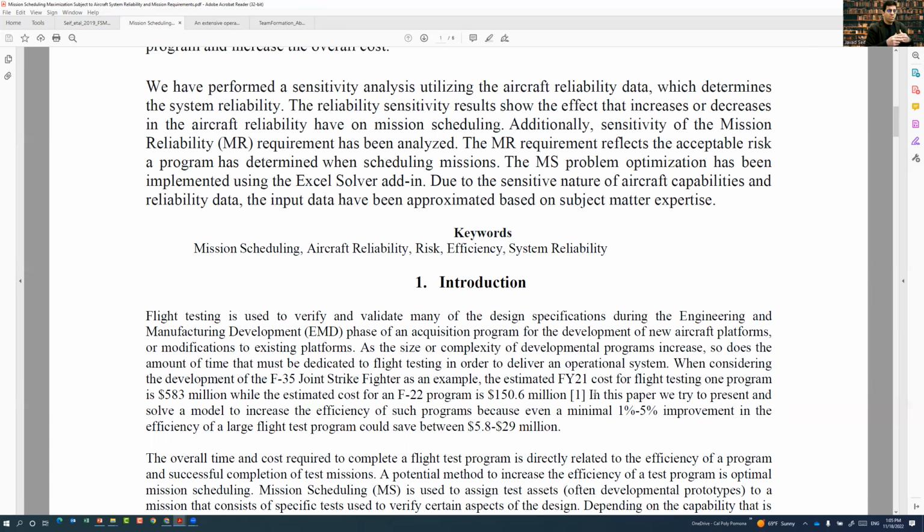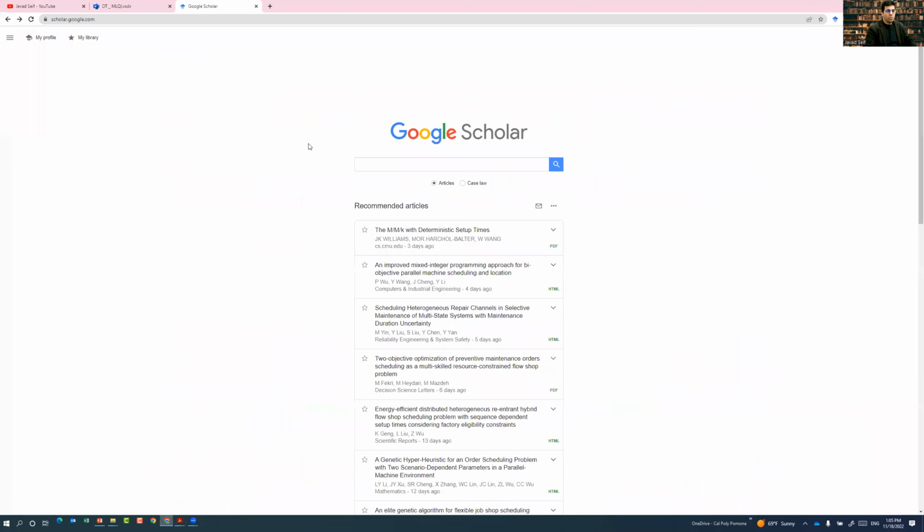And the next question is, how do I find these papers that are relevant to mine? Well, the easiest is basically Google Scholar. So you just go to Google Scholar and type in the keywords relevant to your project. For example, here I type in information.